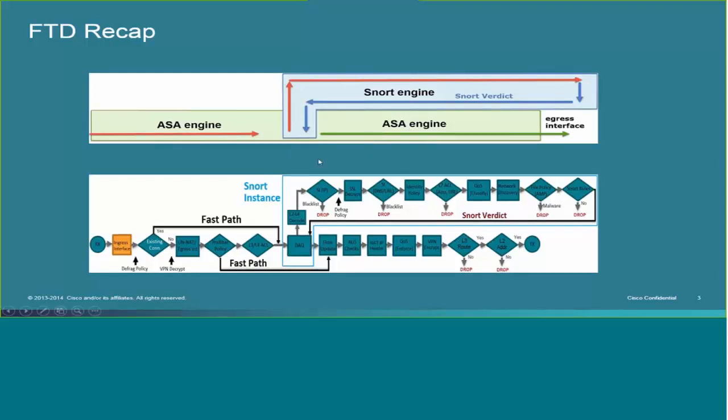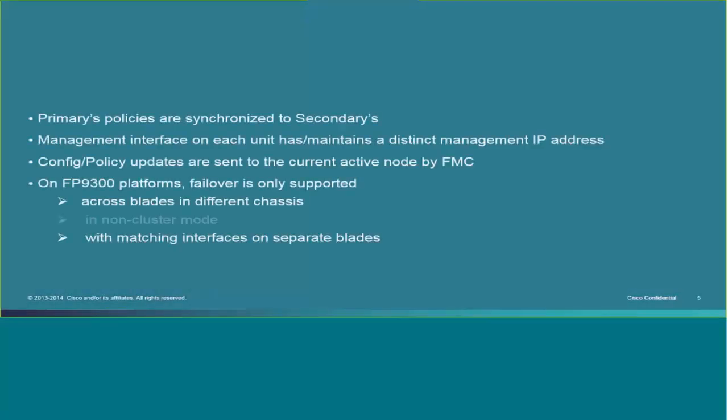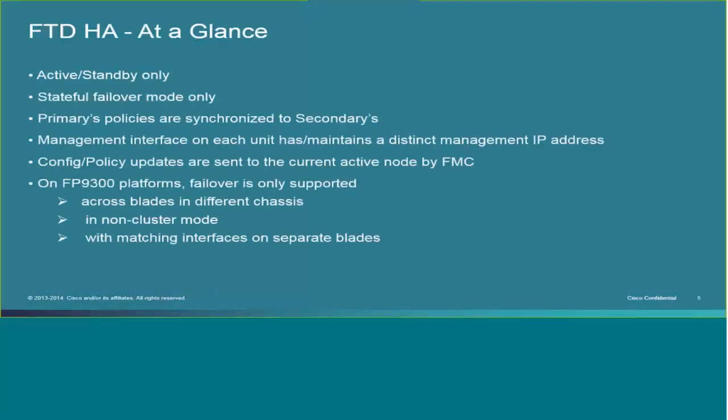So let's go to the next slide. I'll be starting with an overview of what we have on the FTD. In the FTD, we support active/standby only. There is no active/active, because active/active is a feature which requires multiple context firewalls, and as of now, FTD does not support multiple context.